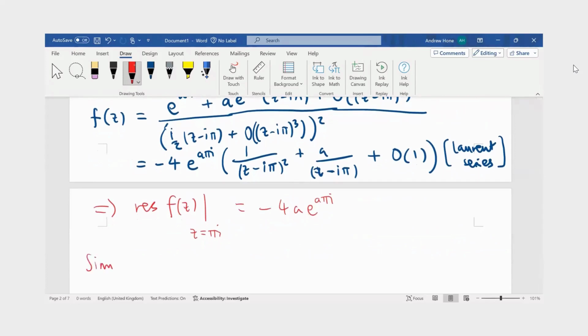And if you go through almost identical steps, work out the residue at the pole at the bottom of the rectangle, which instead equals minus pi i, then you'll see that it's going to be minus 4a times e to the minus a pi. So it's very similar.